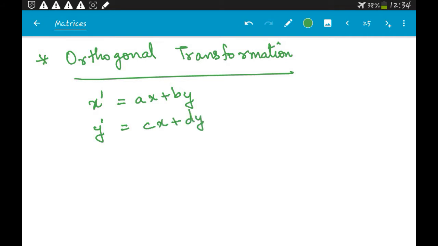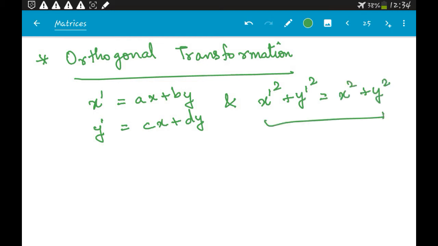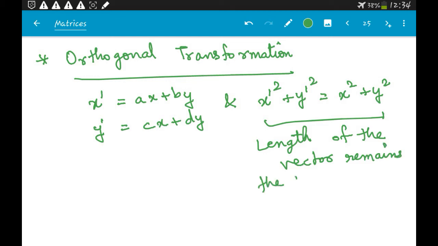But now there is an additional condition that x dash square plus y dash square is equal to x square plus y square. What this means is that the length of the vector remains the same after the transformation.